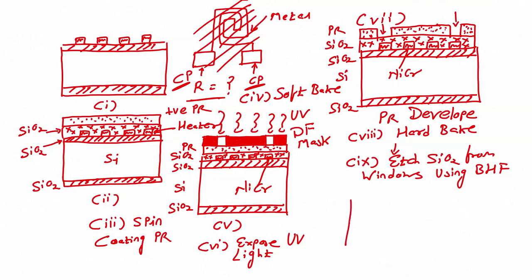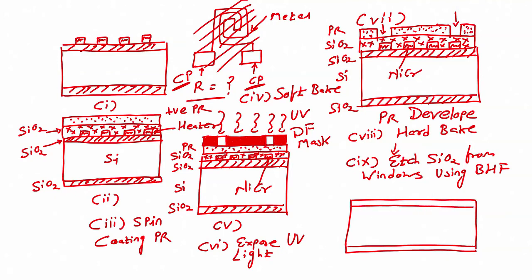Let me draw it once again, so it is easier for us to understand. After dipping the wafer in the silicon dioxide etchant, what will we be looking at?